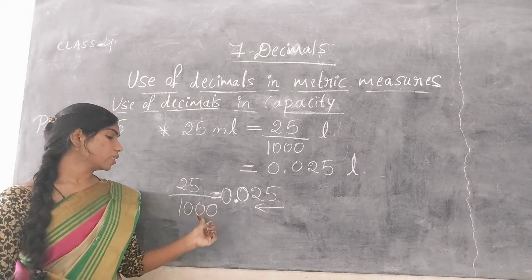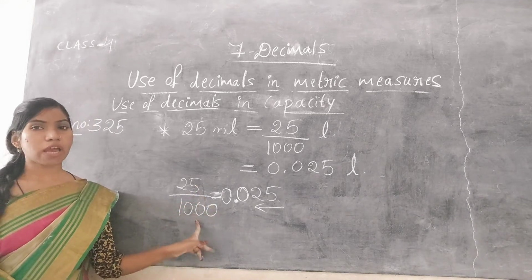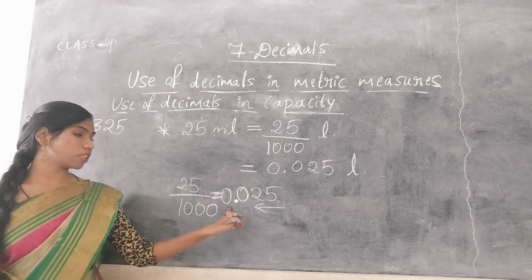So 25 by 1000 in common fraction is 0.025 in decimal fraction.